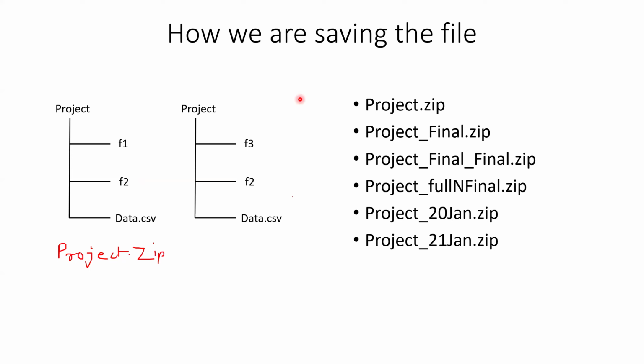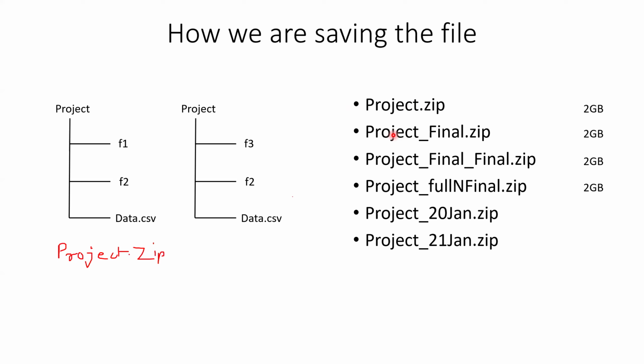First thing is, let's suppose the project that you have created has a size of 2 GB. Now after one change, you change something from F1 to F3. Now you have saved another copy of it, and you call it project final, and it is again taking 2 GB of space.